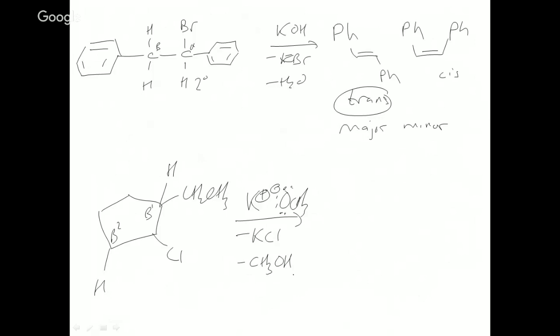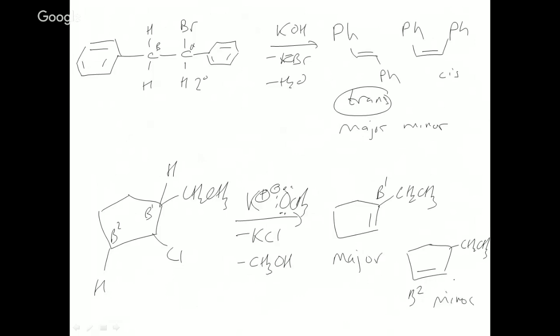Walk through the mechanism of all these. So we have two options to deprotonate. Beta 1 gives a tri-substituted double bond. Beta 2 gives a di-substituted double bond. Major is the tri, minor is the di.